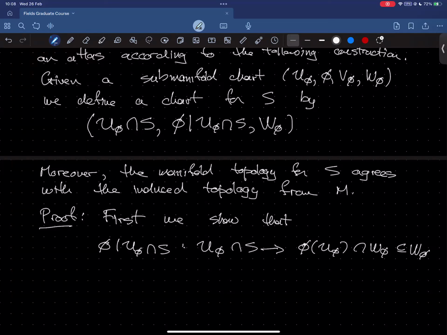We're going to show that this thing is a homeomorphism onto its image.